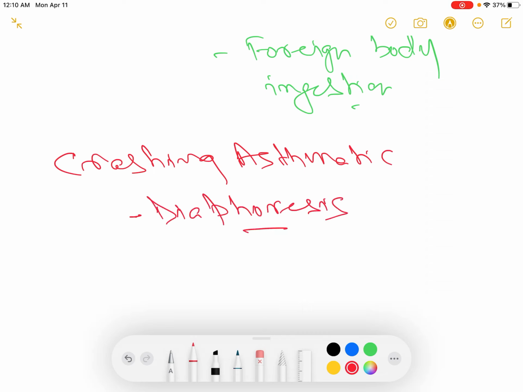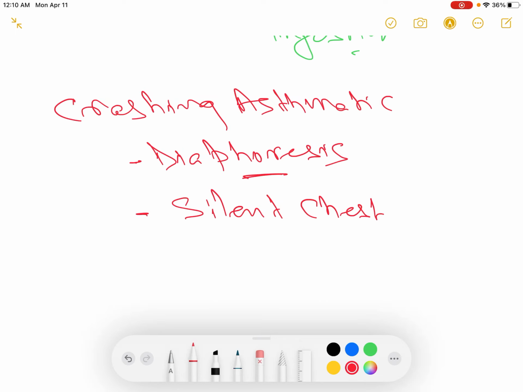If they have something called silent chest. It's like if you listen on auscultation, you don't hear anything, no wheezing, no air movement. You feel like your stethoscope is not working. Sometimes you have to tap on the diaphragm to see if it's working or not. That silent chest is a sign of a crashing asthmatic. This patient is at risk for respiratory failure.